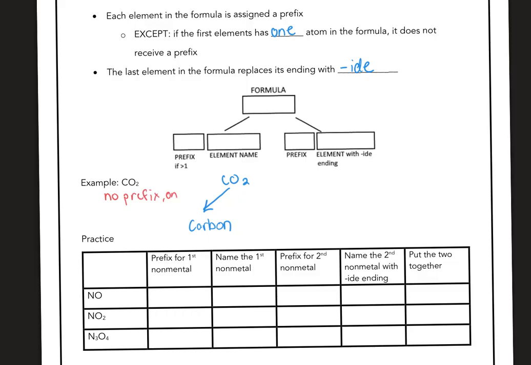The second element always receives a prefix. So I have 2 oxygen, so I'm going to use the prefix di, and oxygen becomes oxide. So carbon dioxide.